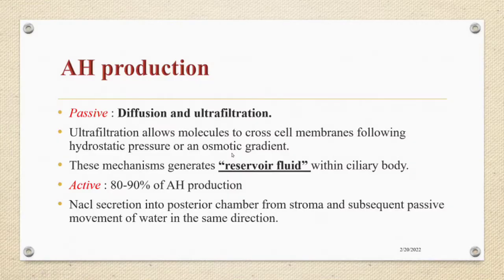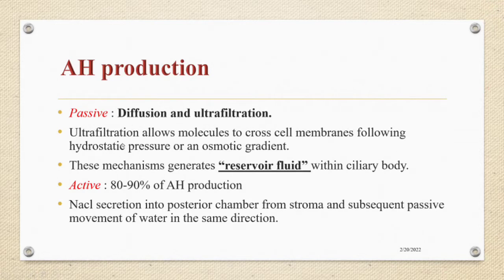Coming to aqueous humor production, the main place of production is the non-pigmented cells in the ciliary body. Production takes place through passive and active processes. The passive processes include diffusion and ultrafiltration.